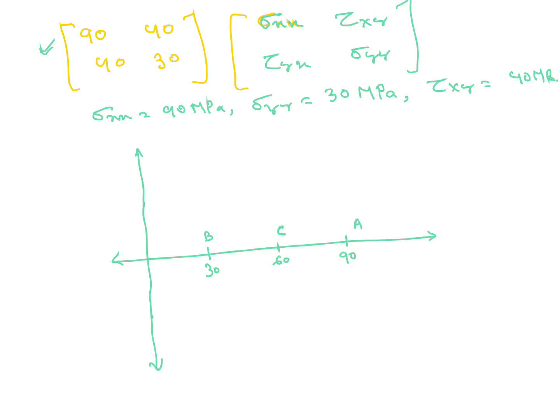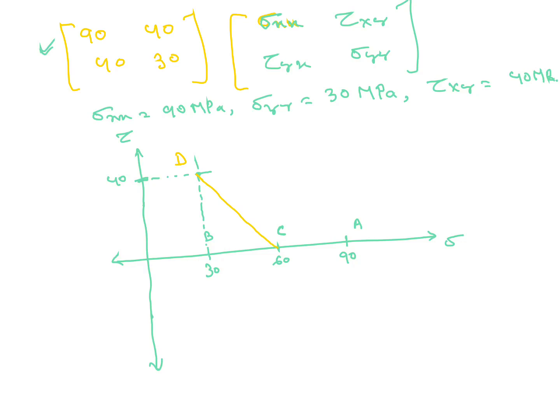Then given tau xy, the axis here is sigma, and y is 40 MPa. If you extend this, we will get the radius of the Mohr circle. So this point is D. So CD is our radius of the Mohr circle.